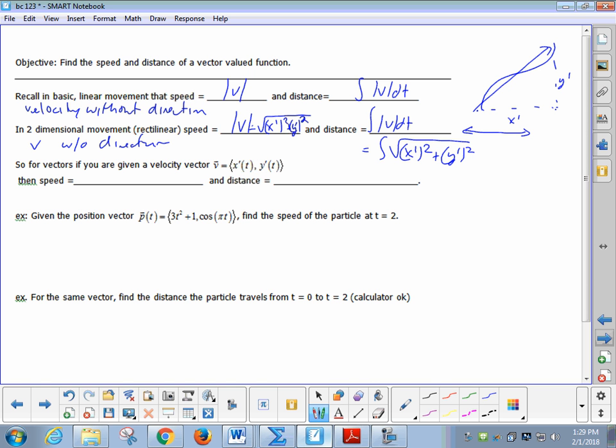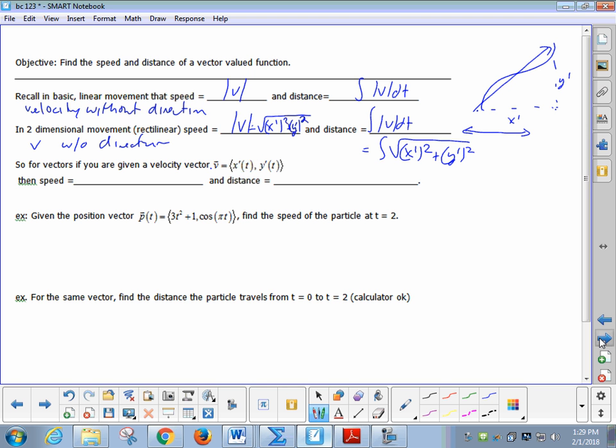Are we good? Now the new part, the velocity vector. You have a vector with x prime of t, y prime of t, change in position, vertical change in position. Now, speed is still, like I said, parametric and velocity vectors are almost exactly the same. But because they're vectors, how do we show how much velocity in vector form?